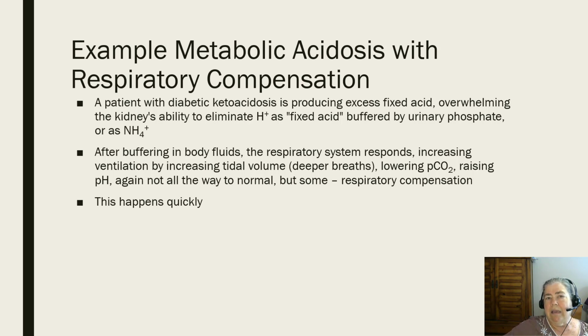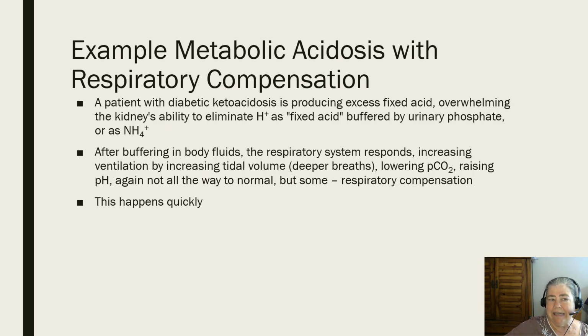And the kidney's ability to eliminate the hydrogen ions is limited. It's exceeded. So hydrogen ions build up and pH goes down. Initially, of course, there's buffering, which slows the change in pH.